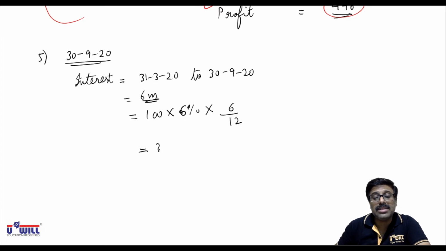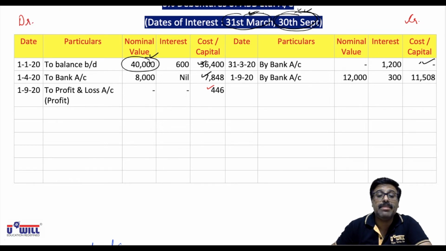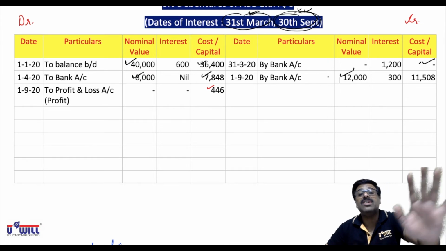That is 3 rupees multiplied by, now see in the investment account, on this date how many debentures do you have? 40,000 divided by 100, 400 plus 80 minus 120. We have sold 120 on 1st September.